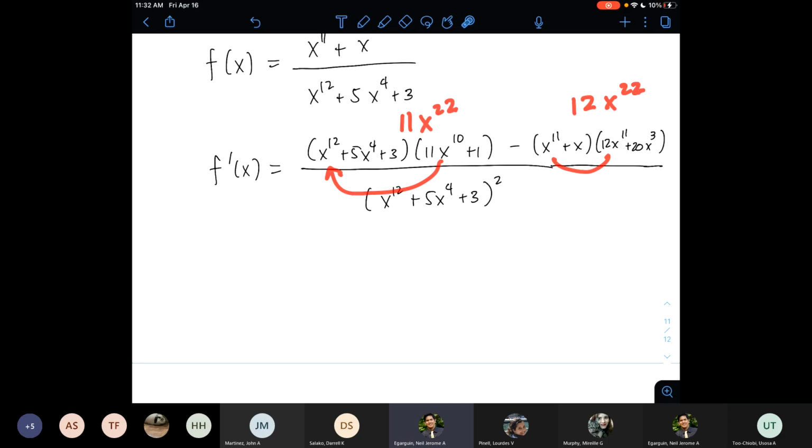And the lower order terms will not matter, because in the long run, they will be insignificant, right? So all that matters would be the largest powers, the 22nd powers. The minuend has 11x to the 22nd. The subtrahend has 12 times x to the 22nd. So that means this will eventually be less than 0.